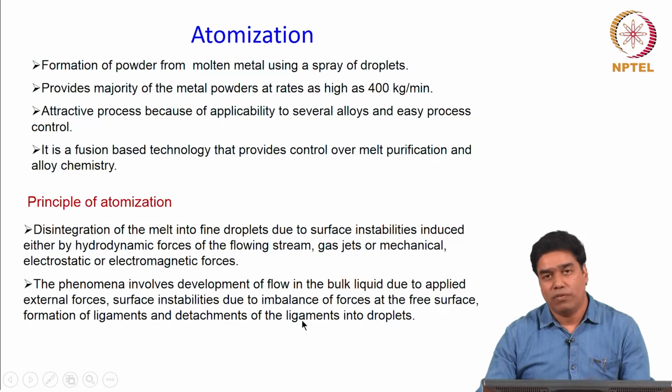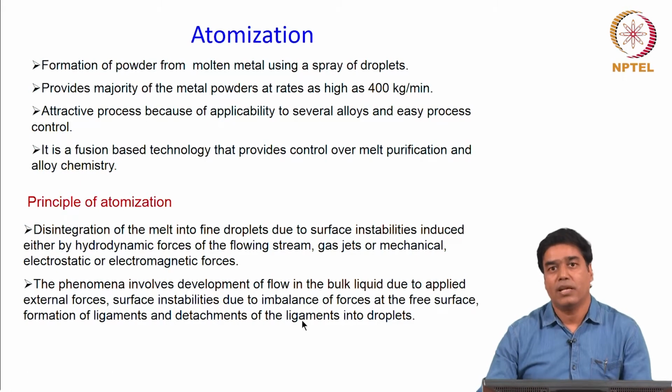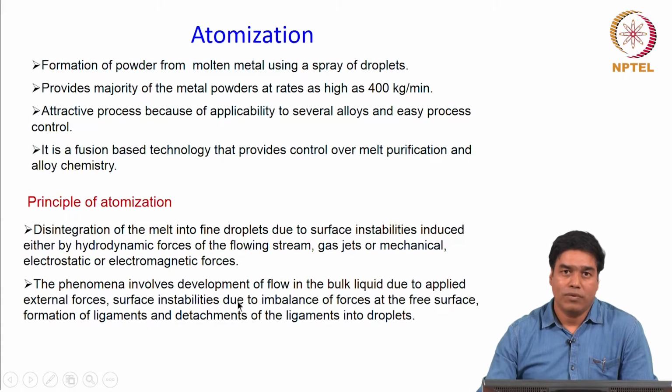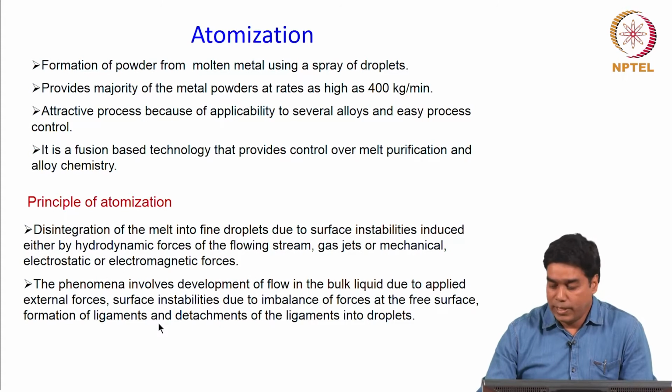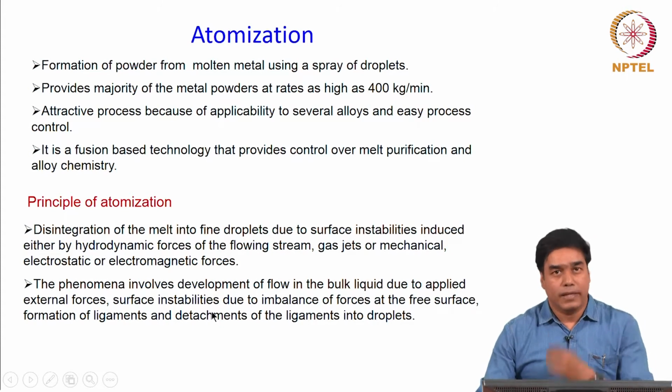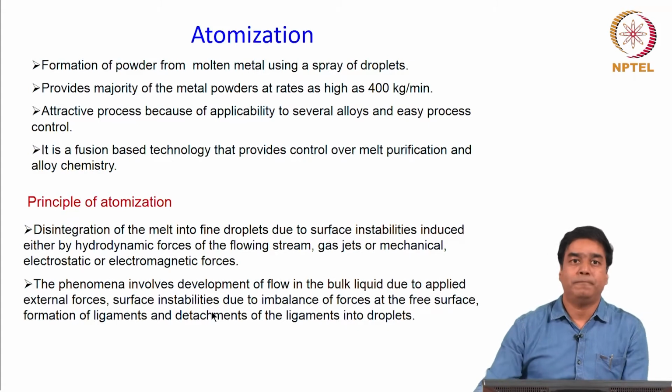So, it goes through certain stages where first you have a liquid stream, and into that stream you induce the instabilities by applying some external forces, and due to that you first create these ligaments which are finally converted into droplets. What these ligaments are and what those stages are, I will come to that and describe them in more detail in the next slides.